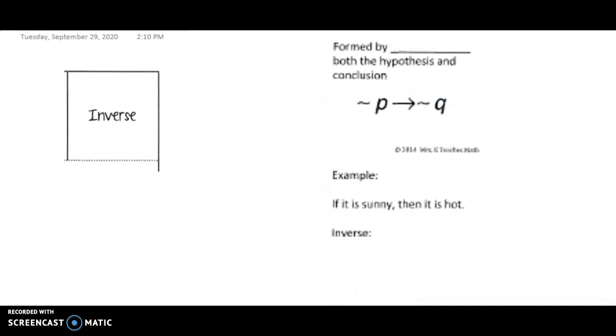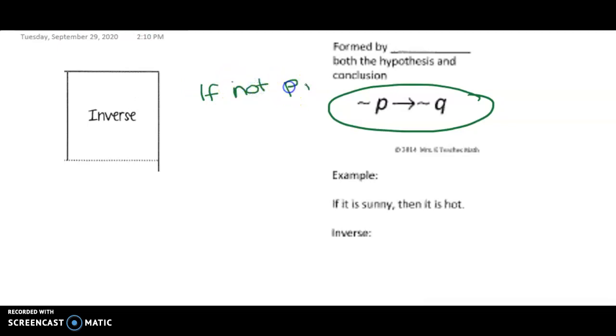All right, let's look at the inverse now. We're going to flip the inverse tab over, and we'll get this right here. Now when we flip it over, we see that in math terms, it's if not P, then not Q. That's how we would say this.